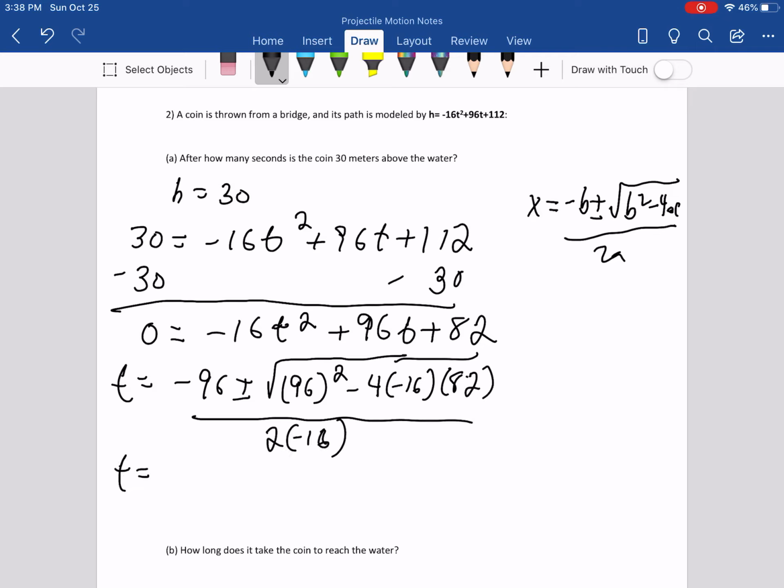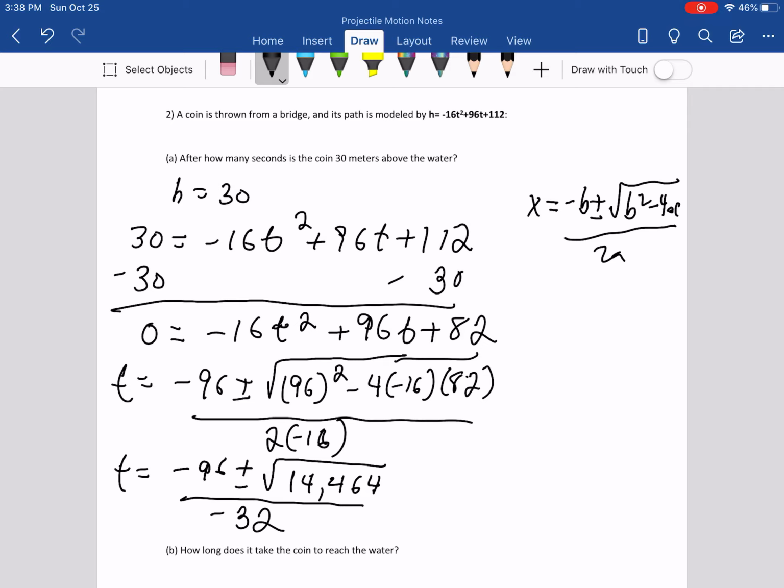Okay, so t equals negative 96 plus or minus square root of 96 squared minus 4 times negative 16 times 82, square root of 14,464 all over negative 32.